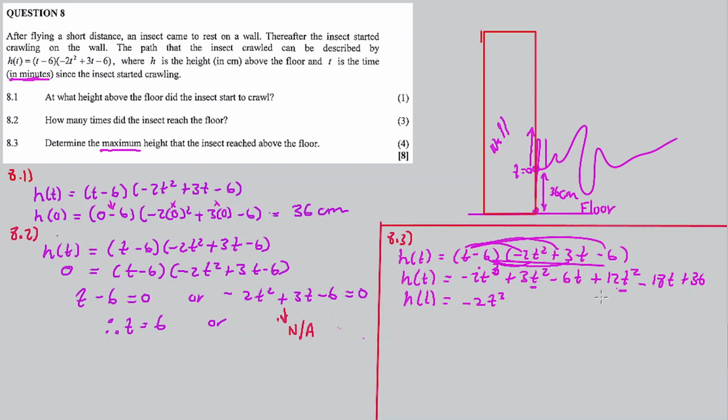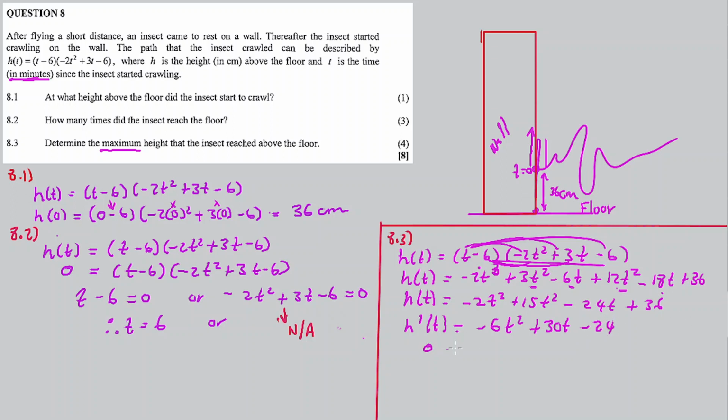This and this are my like terms, so it's going to be 15t squared. This and this are my like terms, it's 24 minus 24t, plus 36 are like terms. So now therefore h prime t is equal to minus 6t squared plus 30t minus 24.